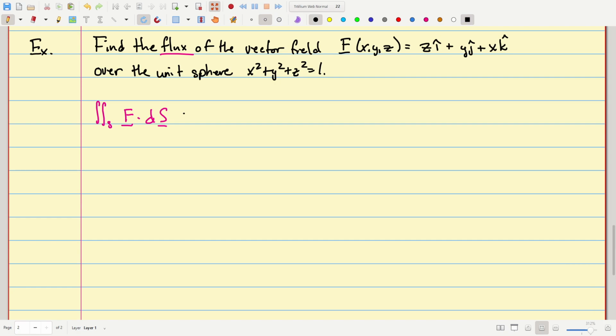Now, this flux is related by the divergence theorem to this expression here. I guess we'll use B for ball.